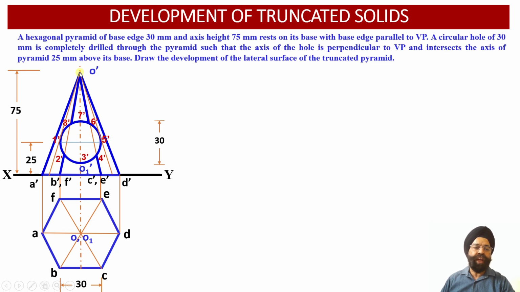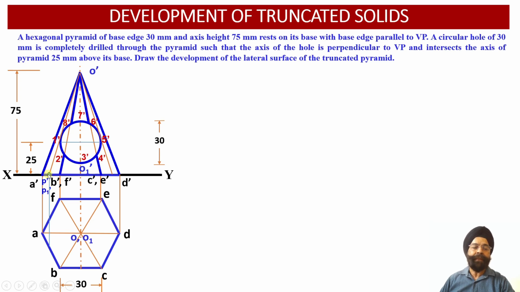Now we are going to draw an additional generator starting from point O dash, so that this generator is tangent to the point 1 dash, and once we extend this generator, it should intersect the base between the points A dash B dash and A dash F dash. The 2 points of intersection which we obtain on the base will be P dash and P1 dash.